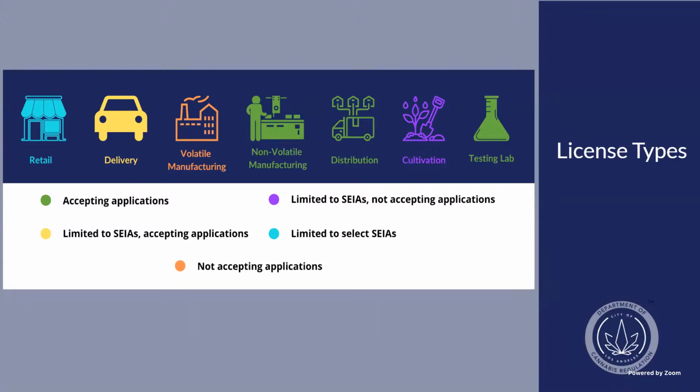Social equity individual applicants are also able to submit applications for non-storefront delivery, as well as cultivation, processor, and nursery license types. And folks that were selected as part of phase 3 retail round 2 are eligible to go through the pre-application review process and then submit applications for the retail storefront commercial cannabis activity.